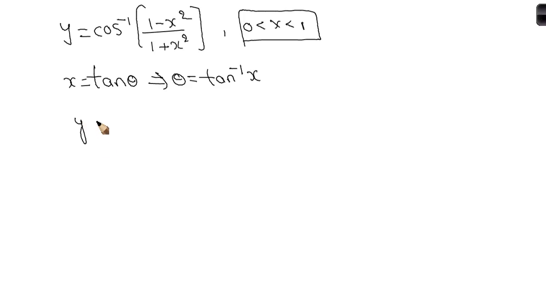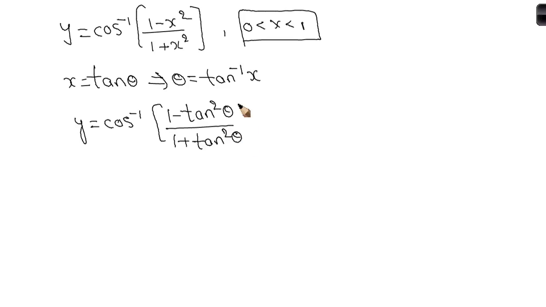So y is equal to cos inverse of 1 minus tan square theta upon 1 plus tan square theta. So we know this is the formula for cos 2 theta. So this becomes cos inverse of cos 2 theta.